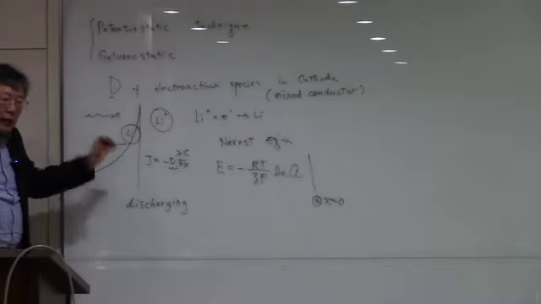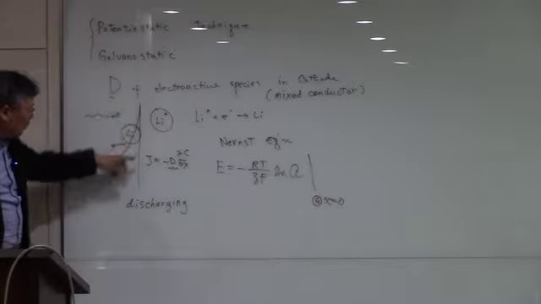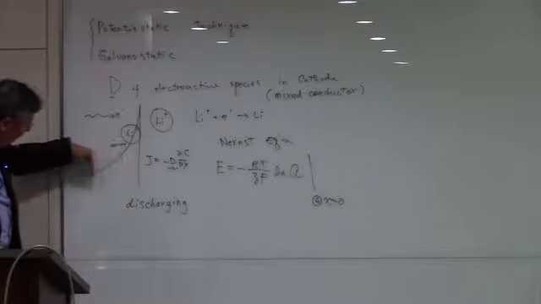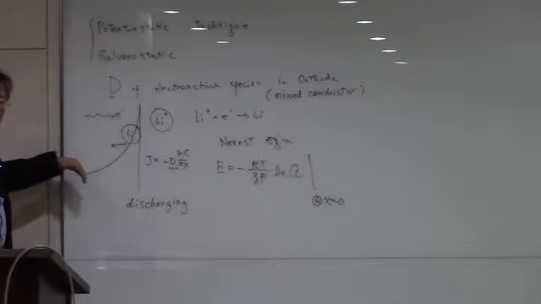So if you have a high diffusion coefficient material, it means that the lithium at the surface is going to diffuse into the material very fast.